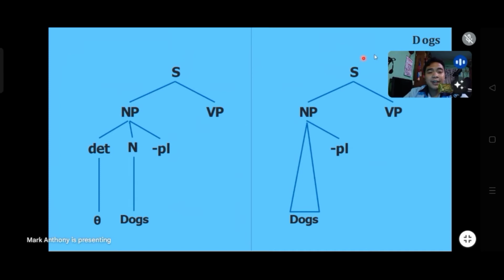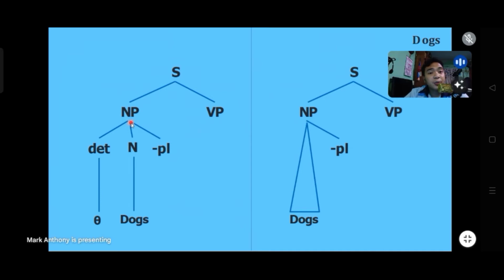We have here a sample sentence, which is "dogs." On the first phrase structural tree, we have the S, which represents the sentence itself. Again, it is divided into two sub-constituents, but there is no verb phrase. We'll just focus on the noun phrase.